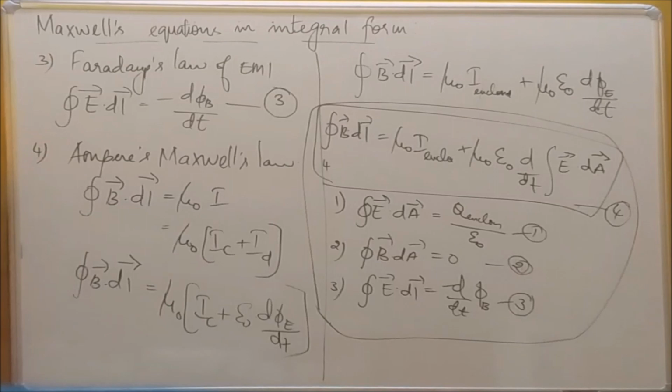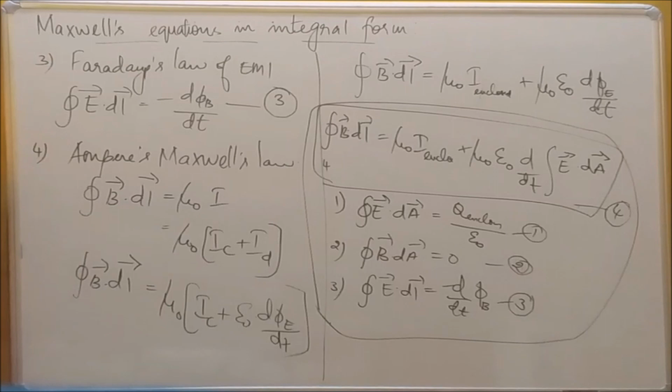The third is the integral of E vector dot dl vector is equal to minus d by dt of phi B. And this is the fourth equation. These four equations are known as Maxwell's equations in integral form.